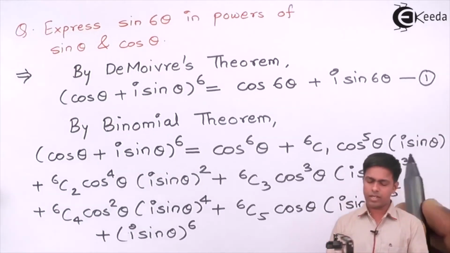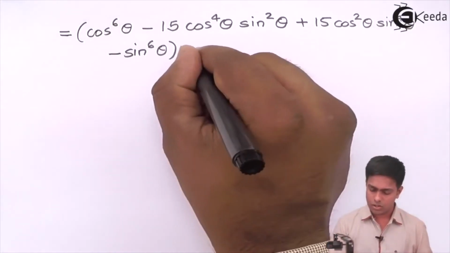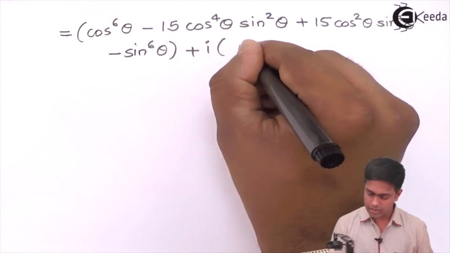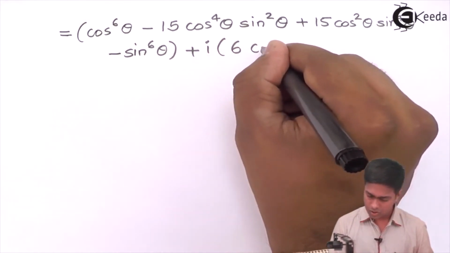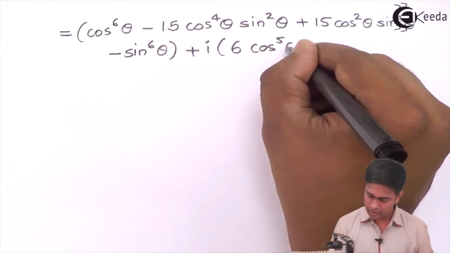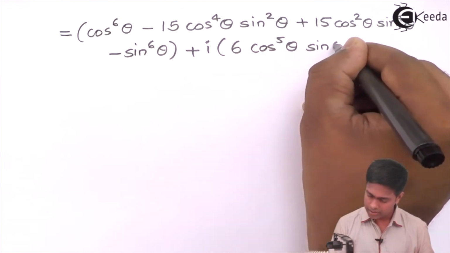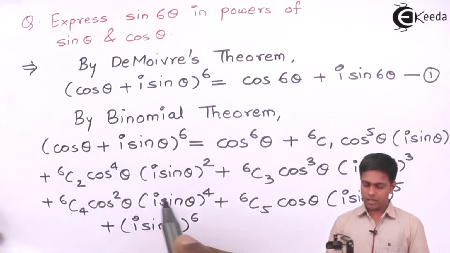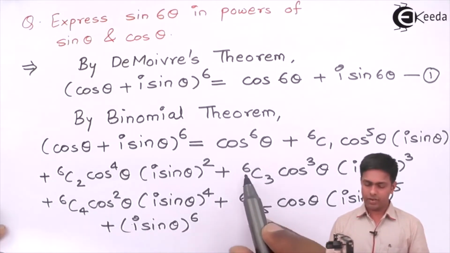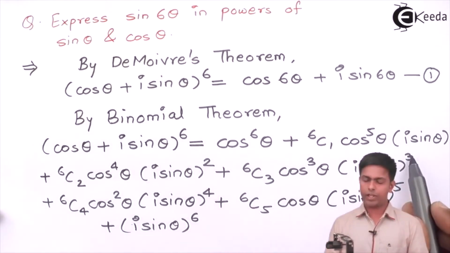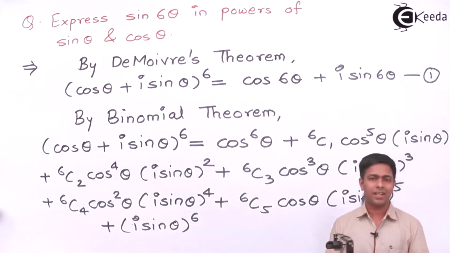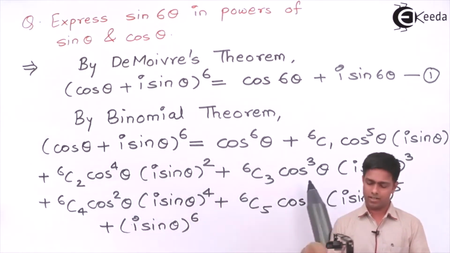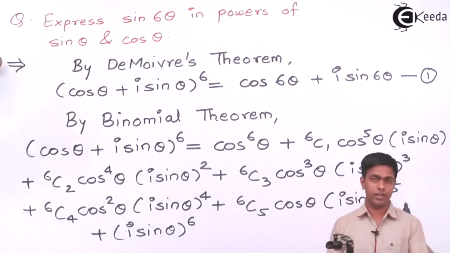So this is the first imaginary term. 6C1 is 6, so I'll take i outside: 6 cos raised to 5 theta into sin theta. Next, here 6C3, which is 20, and i cube is minus i. So I am taking i outside, and the negative sign will remain here.